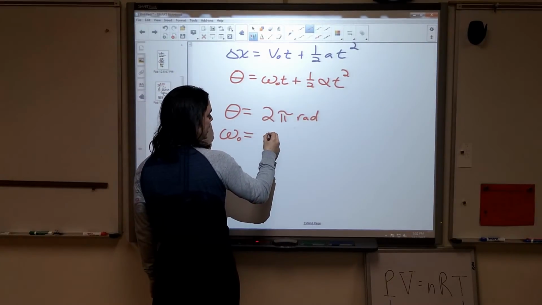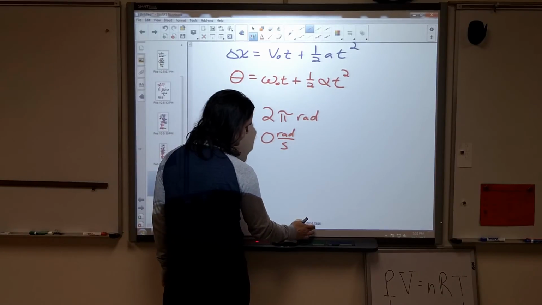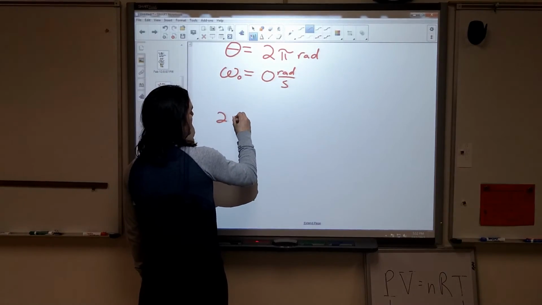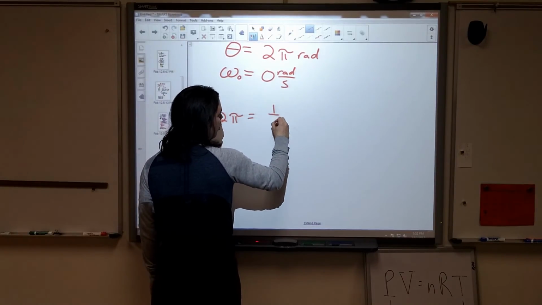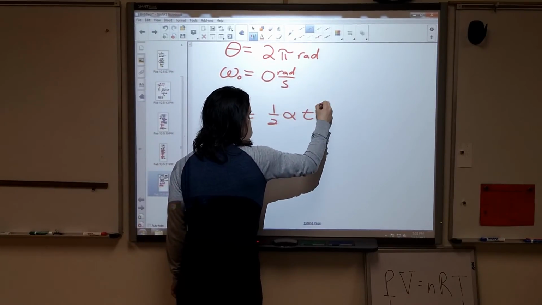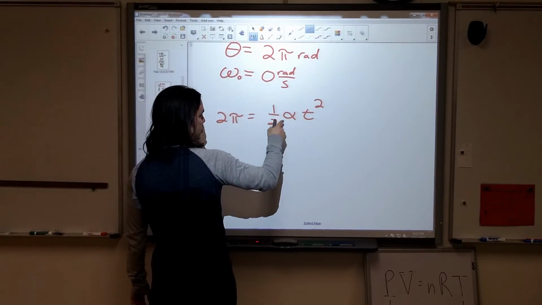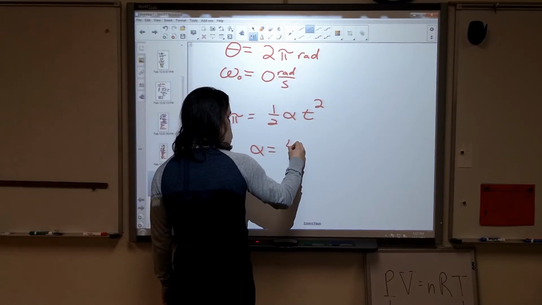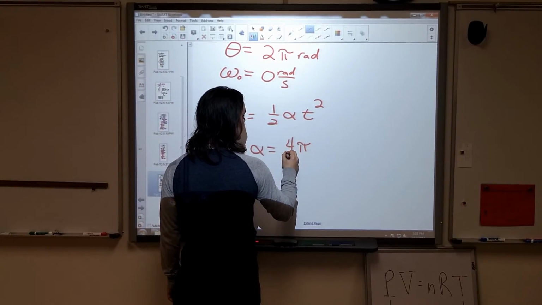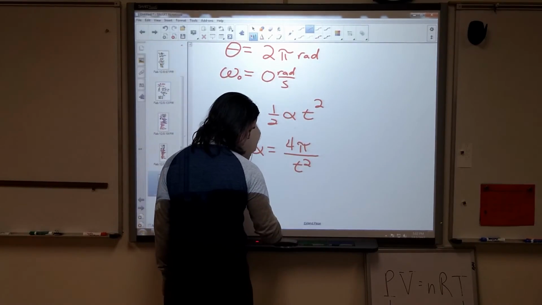That means omega naught is actually 0 radians per second. So we get the following: 2 pi equals 1/2 alpha t squared. If I want to find alpha, then I'm going to multiply by 2 and divide by t squared, and I get the following. Alpha will be equal to 4 pi, 2 times 2 pi, divided by t squared.